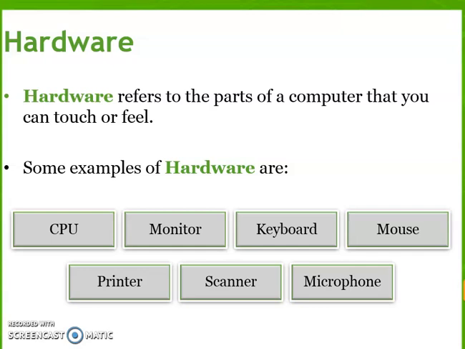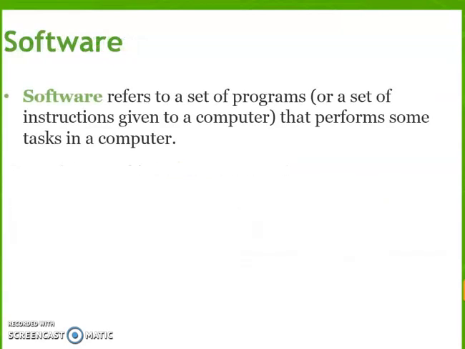These are your hardware because you can touch them, you can feel them. These have physical existence. But software does not have any physical existence. It is just a set of instructions, a set of programs that perform some task in the computer which we can give them.